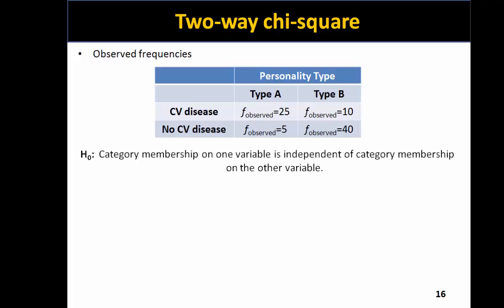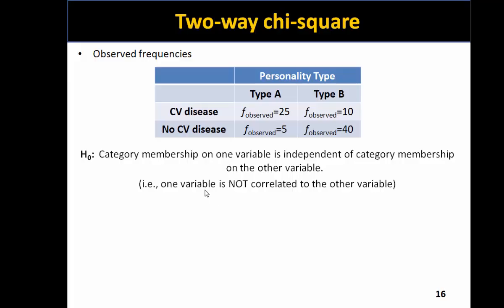We always start with the null hypothesis, and in this example, the null hypothesis states that category membership on one variable, the first variable being personality type, where membership of a category means a person has been categorized as type A personality or type B personality, is independent of category membership of the other independent variable. That was what we observed on the previous slide in the first example.